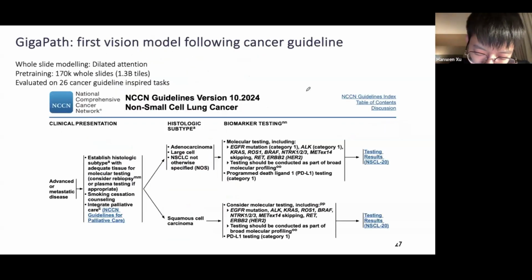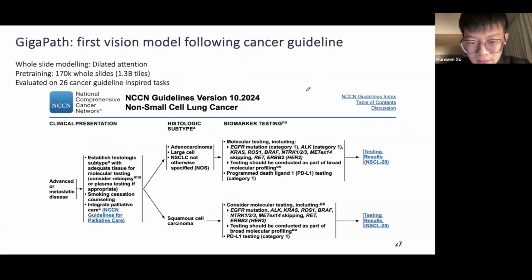If our model has been pre-trained on very large scale data, we argue that this model can potentially gain the capability to do lots of tasks. If those tasks are really diverse, covering the histological type prediction, the biomarker prediction, and others like the staging predictions, then this model potentially has the capability to follow the cancer guidelines.